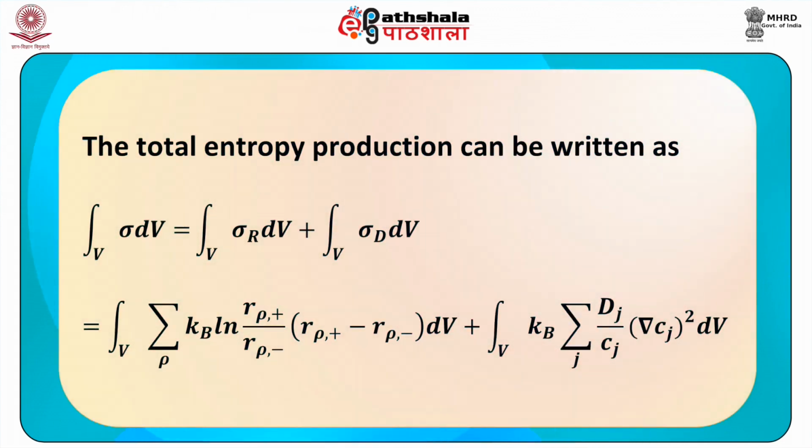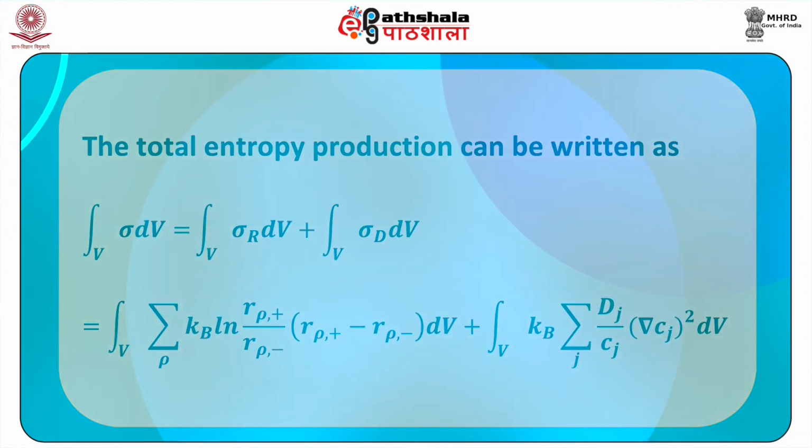From the expression, you can see that Kb denotes the Boltzmann constant, R rho plus and R rho minus represent the rate of forward and backward reactions of the rhoth chemical reaction. Dj and Cj represent the diffusion coefficient and the concentration of the jth component respectively.